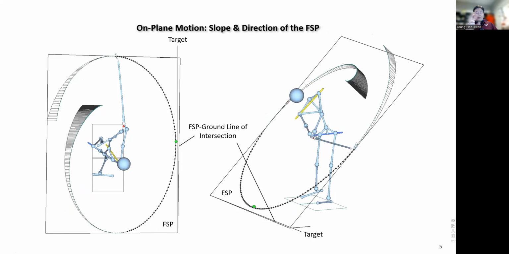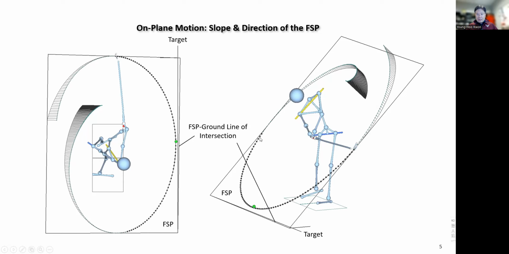In terms of the on-plane motion, the most fundamental pieces of information that we can get from the swing plane are the slope and the direction of the swing plane. Here's the swing plane, calculated from the club head trajectory from mid downswing to mid follow through.